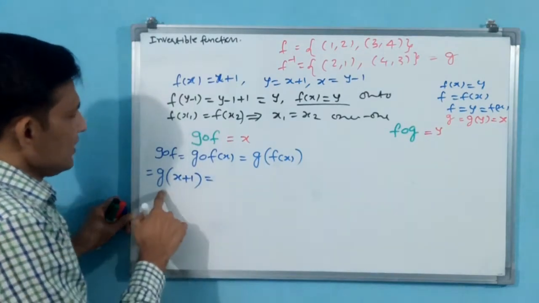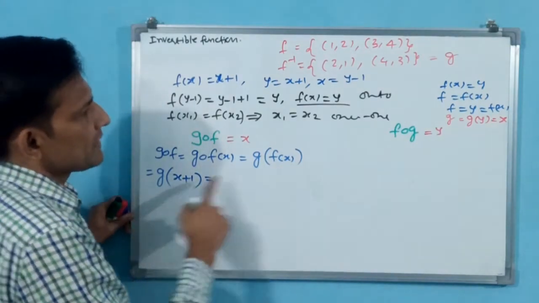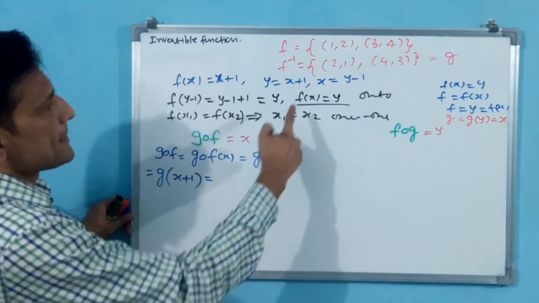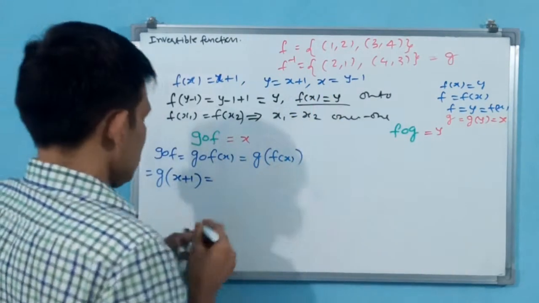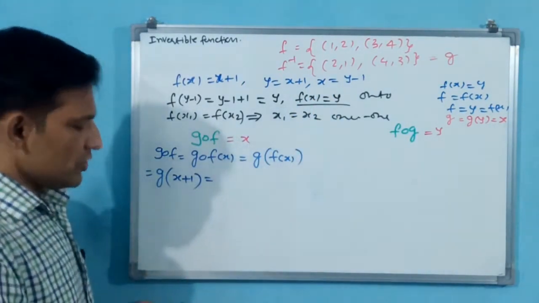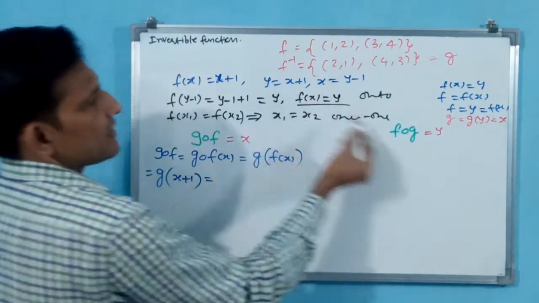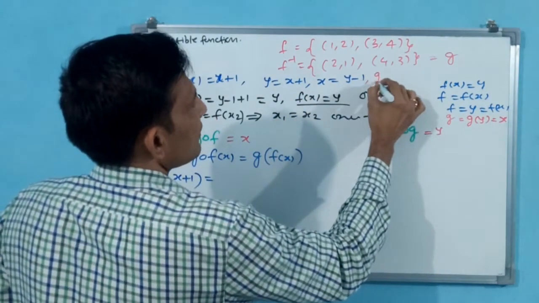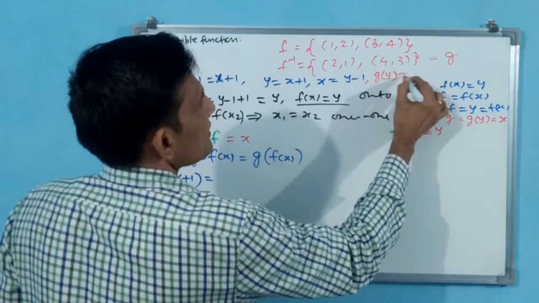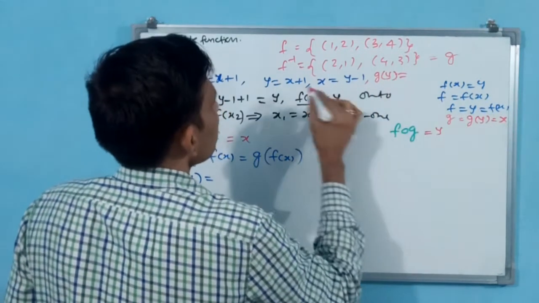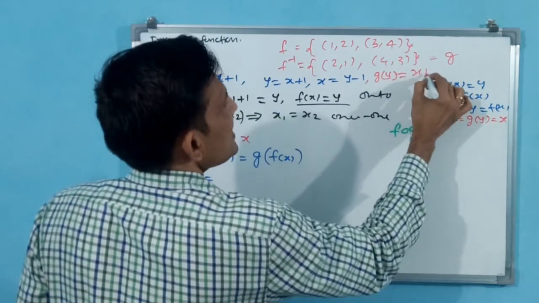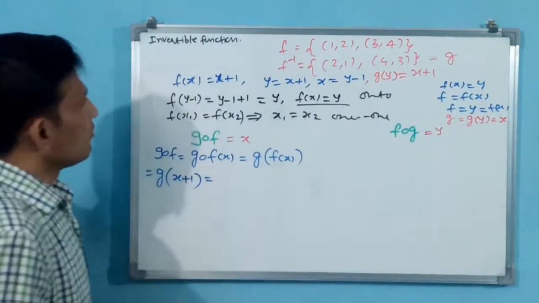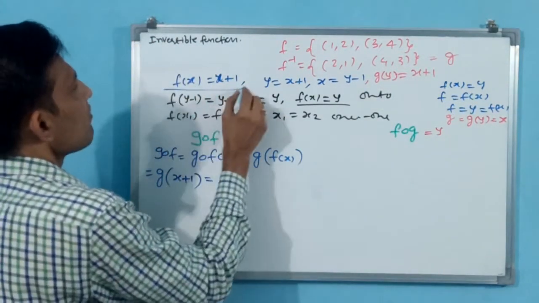See, G, if we keep X, X means G of Y only. Then you change again, G of Y is equal to X plus 1. These both you make one box.